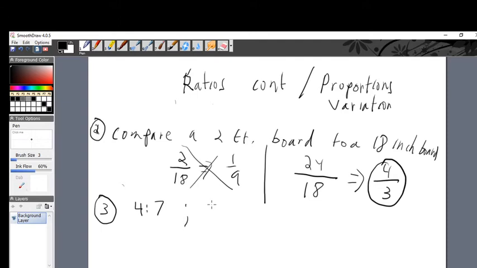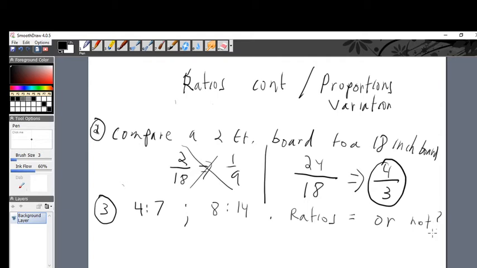Another ratio that we could give over here is 8 to 14. That's another perfectly fine way to describe a ratio. Now let's prove if these two ratios are equal or not. Simple question.